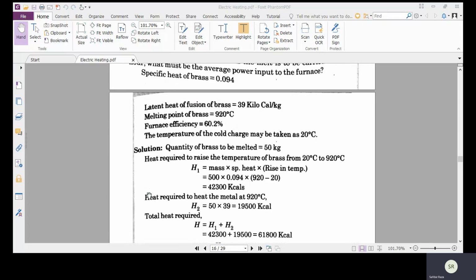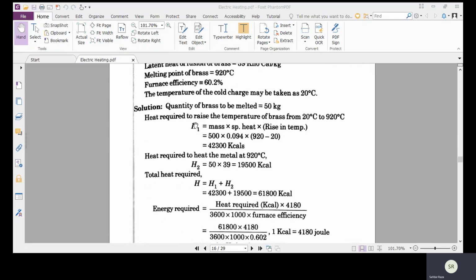So how much is the total heat required? It is H1 plus H2. H1 is the heat required to change the state of the charge from the solid state to the molten state, and H2 is the amount of heat required to keep it in the molten state. So H is equal to H1 plus H2, which is equal to 42300 plus 19500, which is equal to 61800 kcal.